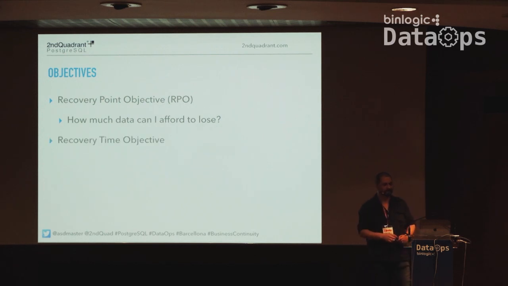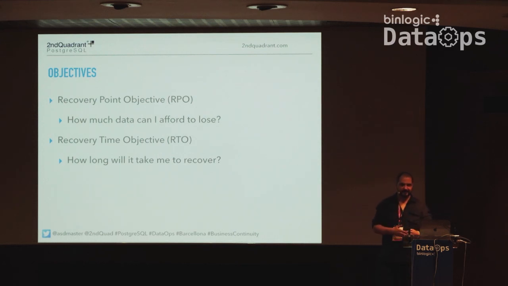And then we have the recovery time objective that is obviously connected with availability, okay? And it is how much time you can afford to be down in case of a disaster, okay? Because we're going to discover that time is money in this case, okay?